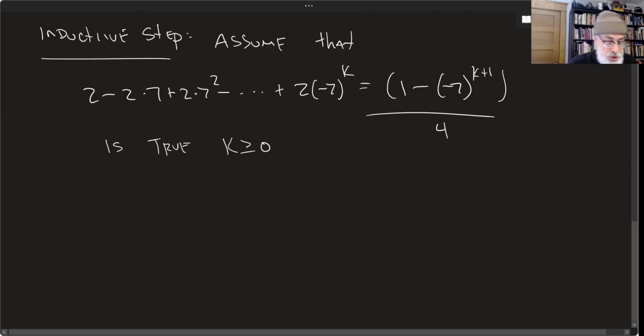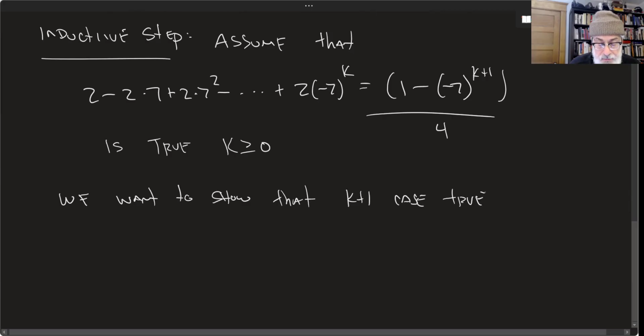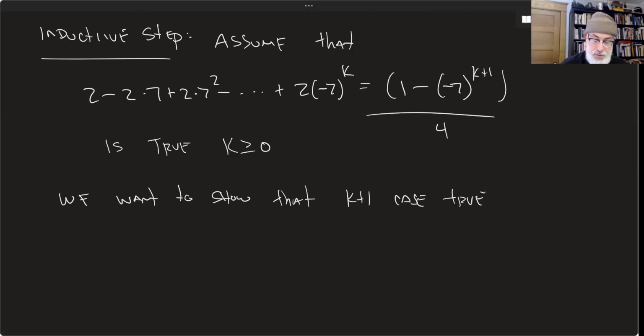And what we want to show is that the k plus 1 case is true. Meaning that no matter what k we pick, if we prove that the next k is true, then the statement's true. And this is sort of the heart of induction.